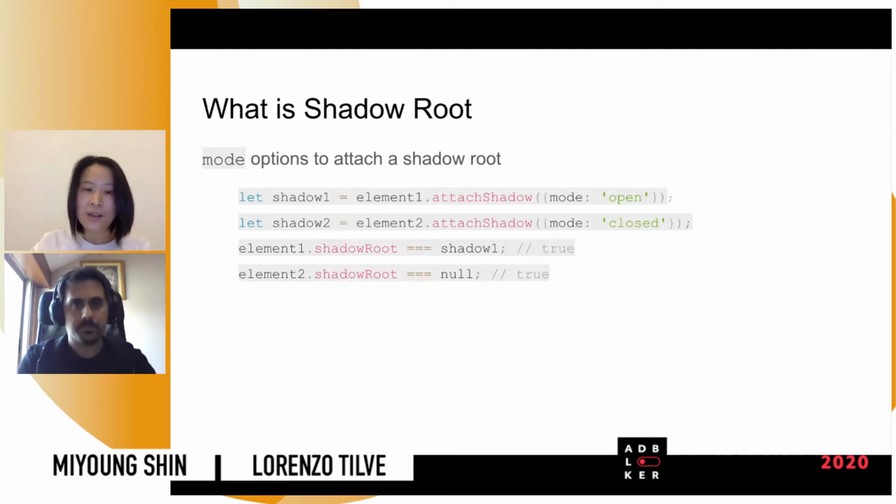Open means that you can access the shadow DOM using JavaScript written in the main page context. So element1.shadowRoot returns the shadow root you attached. Closed means that you won't be able to access the shadow DOM from the outside. So element2.shadowRoot returns null.